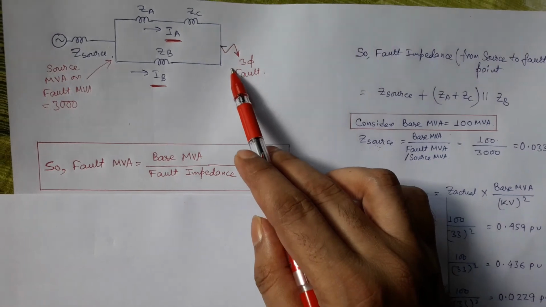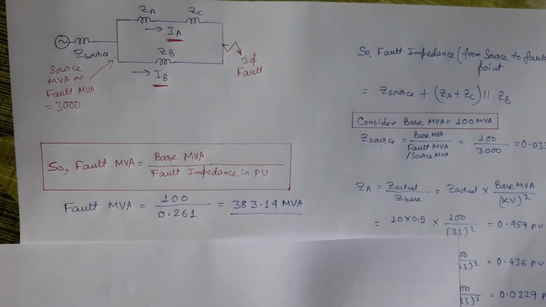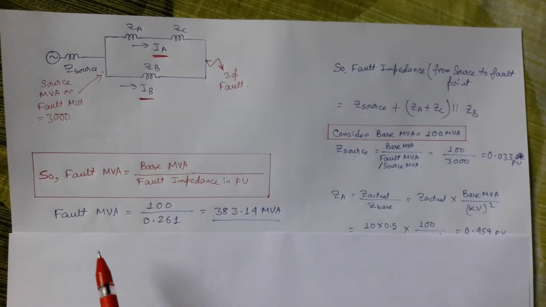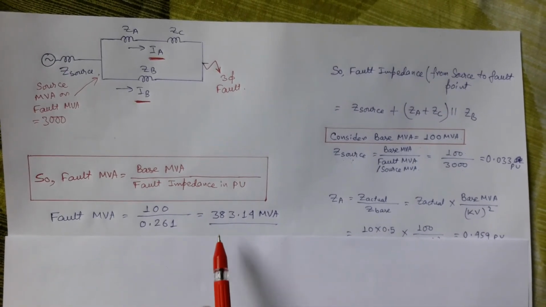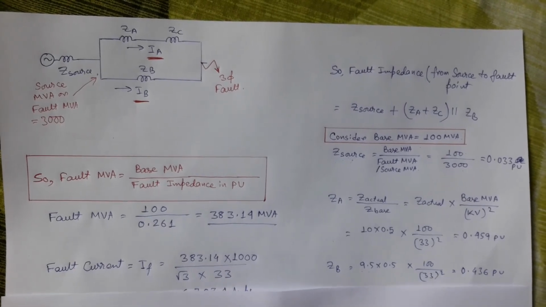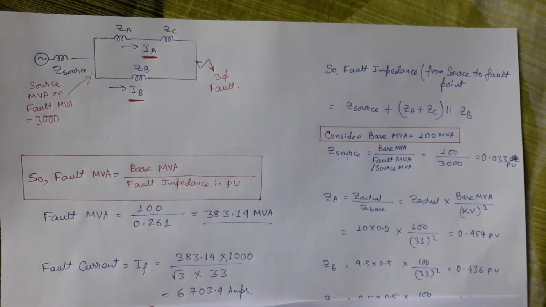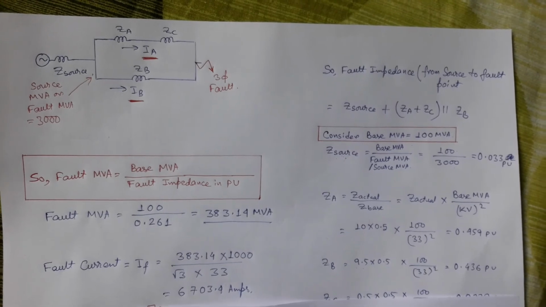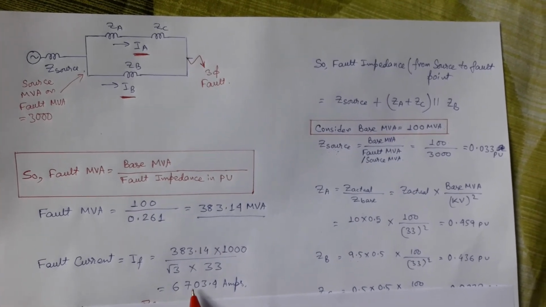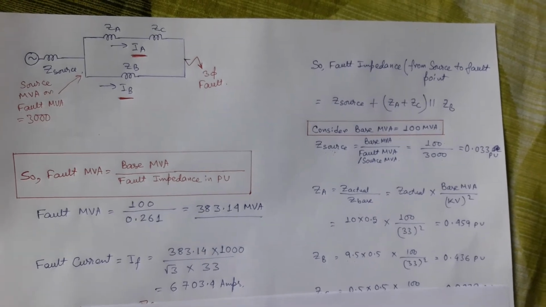So fault MVA at this point is 383.14 MVA, and by dividing this fault MVA by root 3 and 33 kV, which is the system voltage, we can get fault ampere IF, which is 6703 ampere.